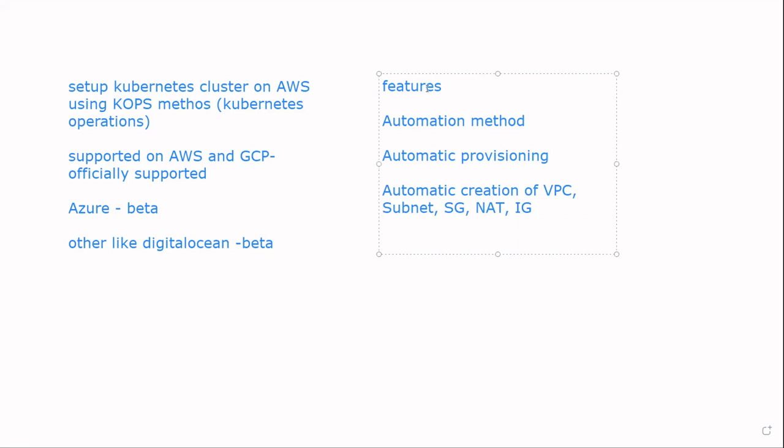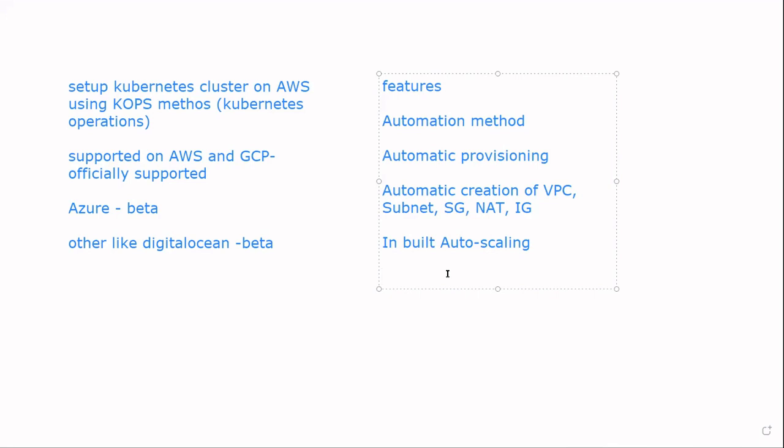So here we don't have to create the VPC, subnet, security group, NAT gateway, internet gateway, everything it takes care of. So it is an automation method, with automatic provisioning and an inbuilt auto scaling feature.